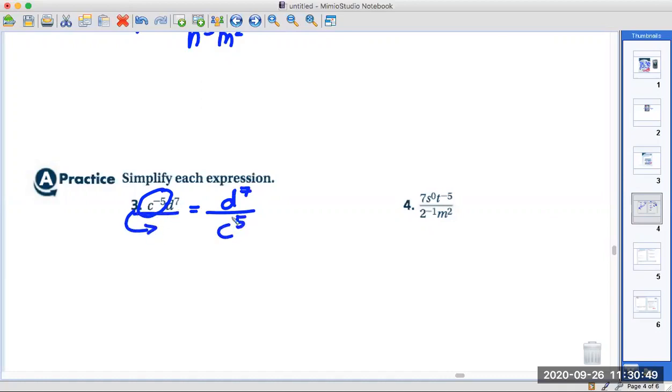And it's a +5. Sometimes I see students make a mistake. They move it and yet keep it negative. The purpose of moving it is to make the power positive. You don't want to leave it negative. That would be wrong, okay? And then let's move on to the next page.